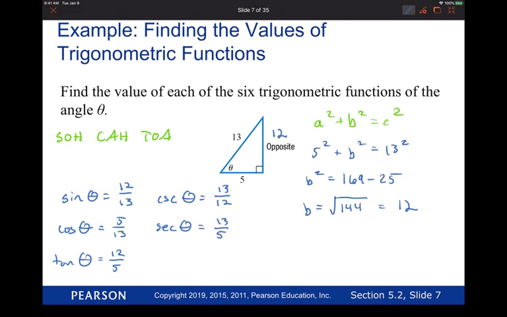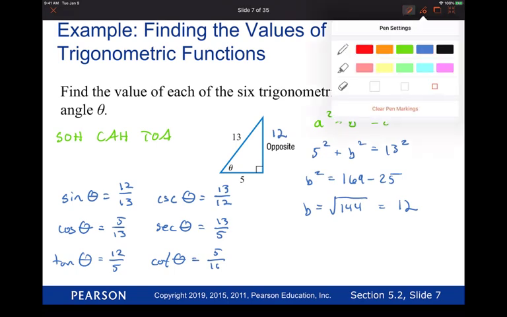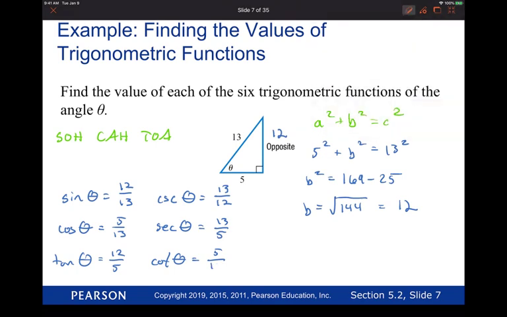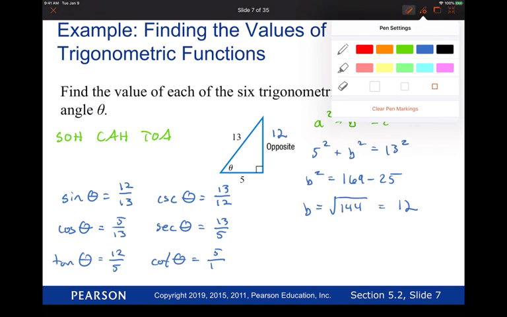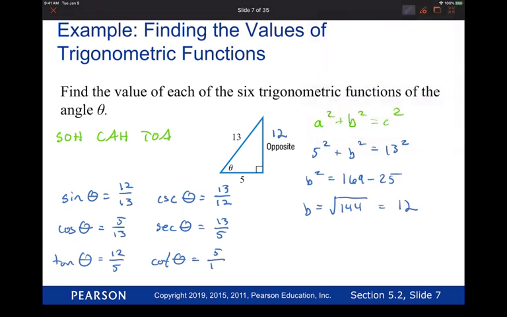And then what's the reciprocal of tan? Cotangent. And what is that going to be? 5 over 12.